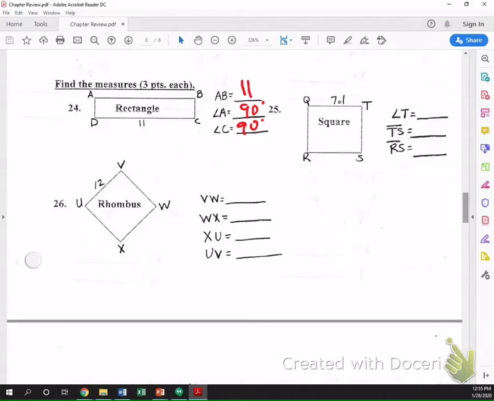All the angles of a square are 90, and all the sides are congruent. And number 26. All the sides of a rhombus are congruent. So this guy is 12. This guy is 12. This guy is 12. And then they ask you for the one they already had, which is 12.